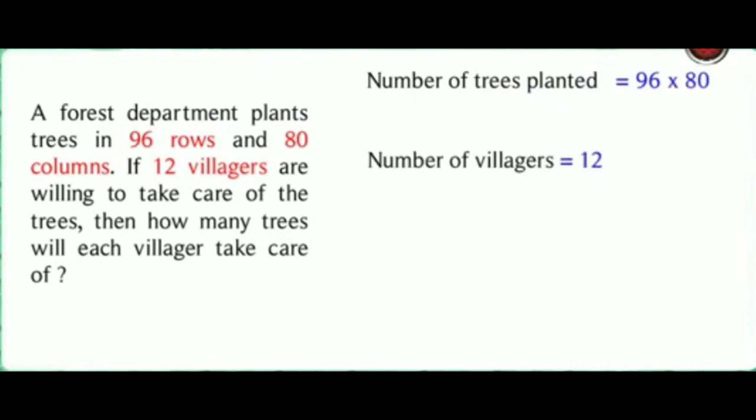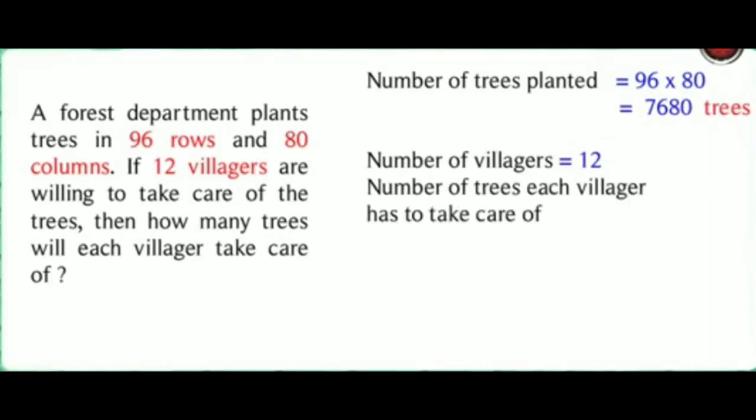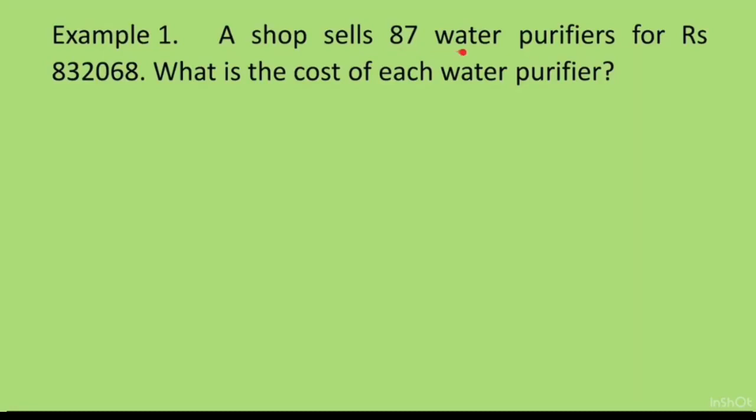Now 96 into 80 is 7,680 trees, and 12 villagers are ready to take care of 7,680 trees. Therefore, each villager will take care of 7,680 divided by 12, which is equal to 640 trees.